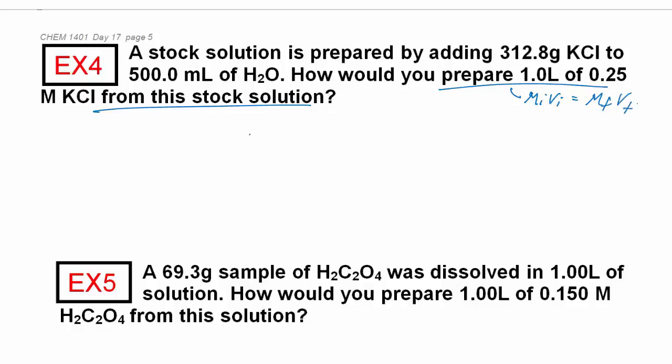There's two solutions here. There's two concentrations. We're just missing the first concentration. We're missing Mi, right? Because we know what Mf is. That's 0.25 molar. You know what Vf is. That's 1 liter. We're just missing Mi. We're going to use this information to get Mi.